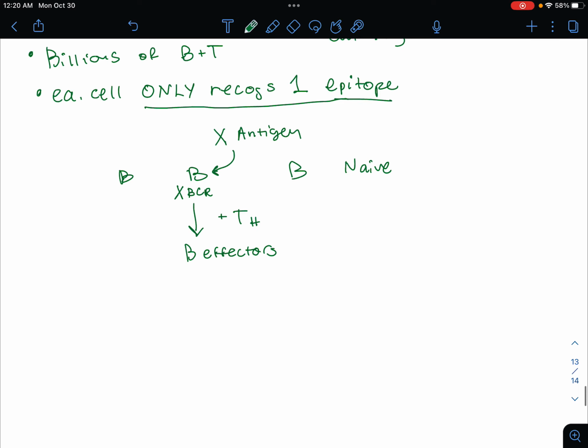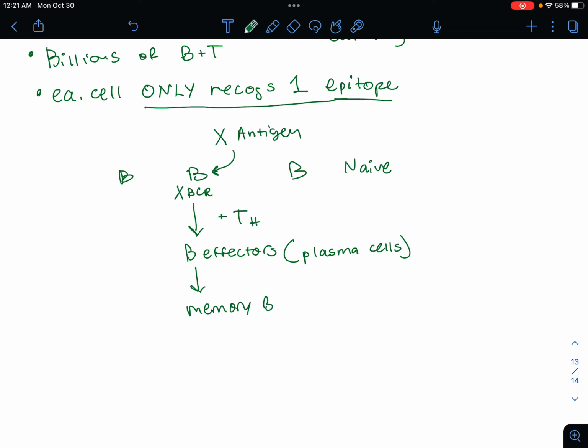And then the effectors will become the plasma cells. They're also known as the plasma cells. And now they're displaying the receptors. Again, they're bound to that antigen X, the specific X receptor. And then once we get to the effectors, we could also have the memory B cells for the specific antigen.